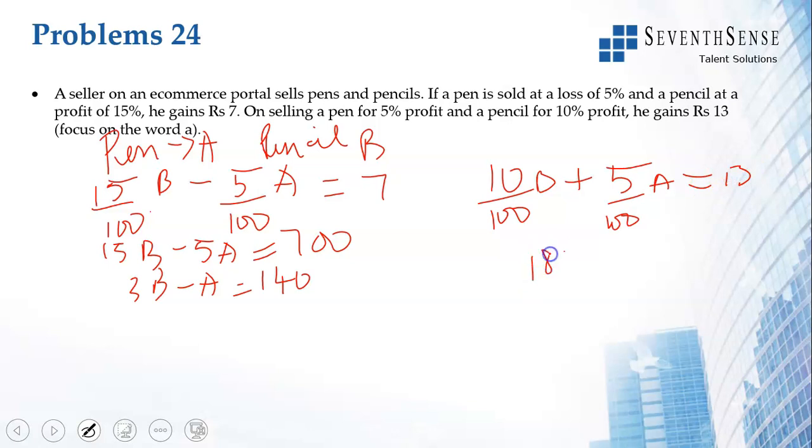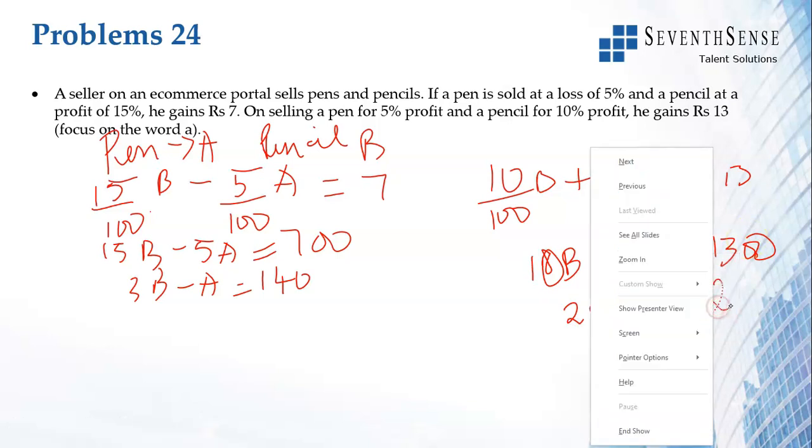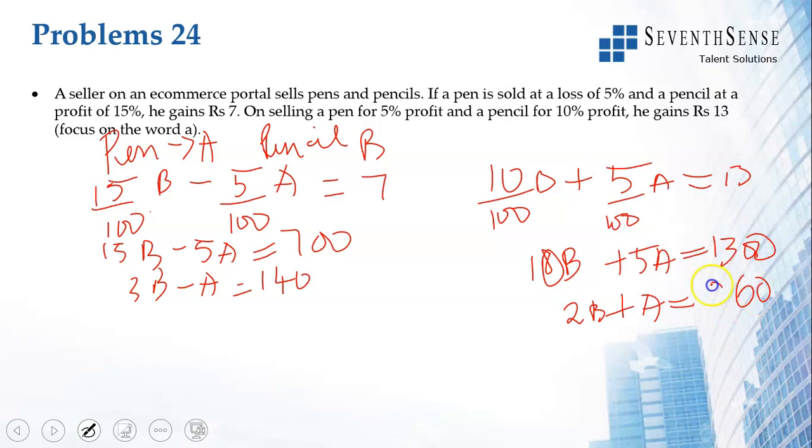Multiplying, 10B plus 5A is equal to 1300, divided by 5. 2B plus A equals 260. This is the second equation that you get.